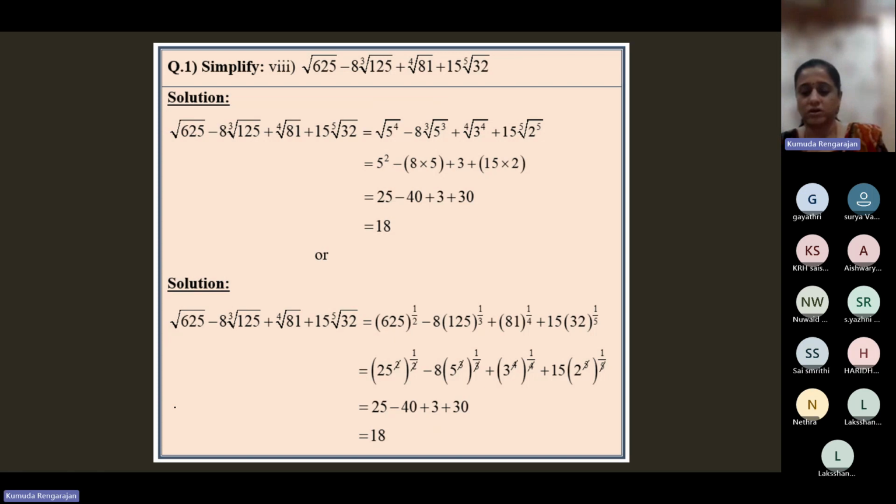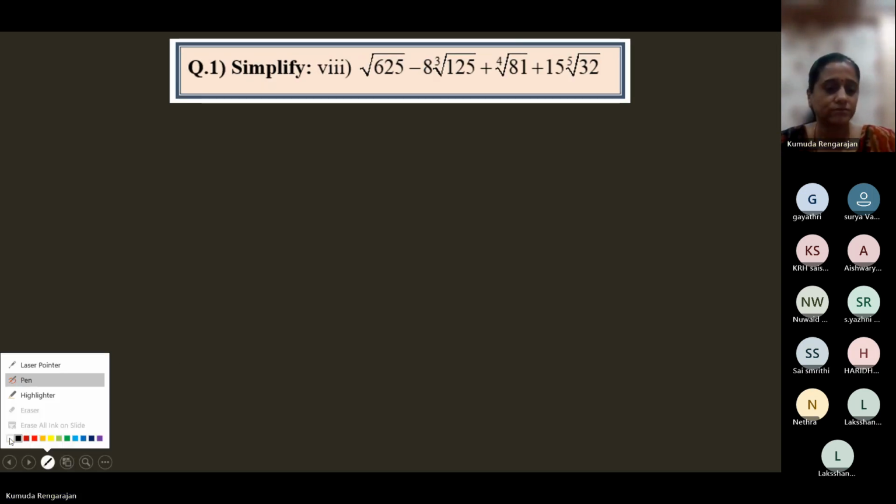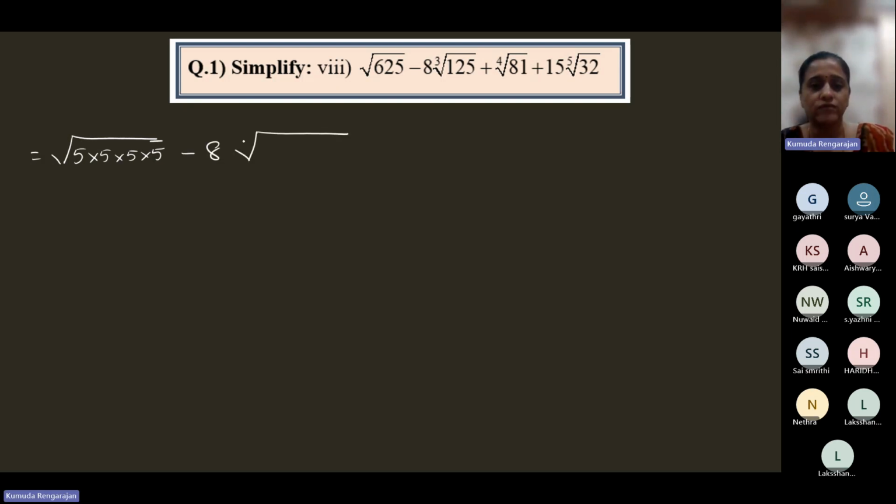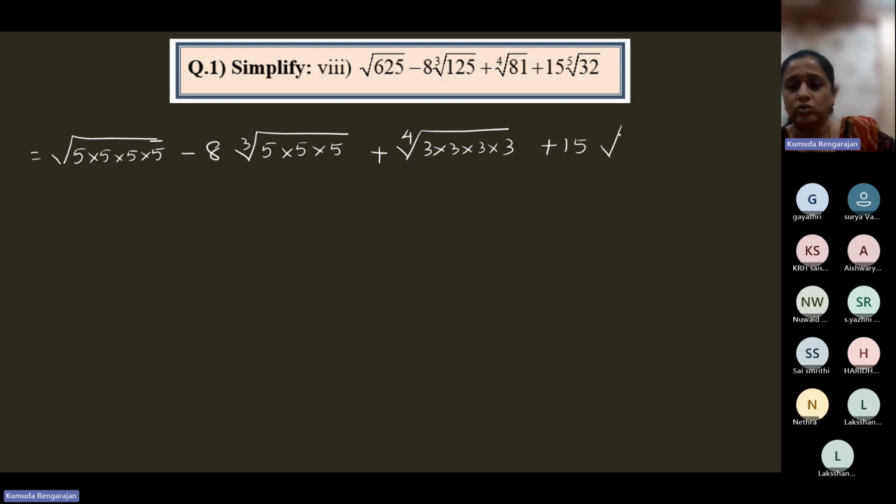If this is not clear, let me just work it here. 625 is 5 into 5 into 5 into 5, minus 8 cube root of 125 is 5 into 5 into 5, plus 4th root of 81 is 3 into 3 into 3 into 3, plus 15, 5th root of 32 is 2 into 2 into 2 into 2 into 2.